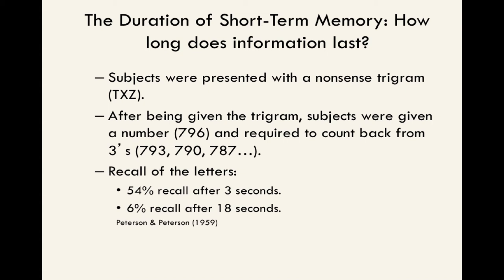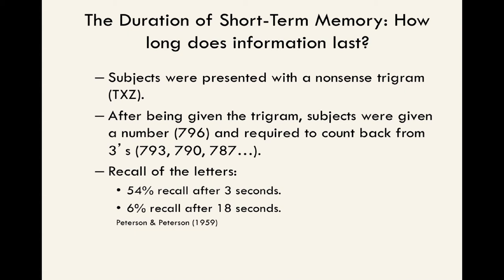So they're given the number 796, and then they have to keep subtracting 3. So 796, 793, 790, 787, 784, and so on, right? If you do that for a little bit, you realize you really can't keep remembering TXZ.